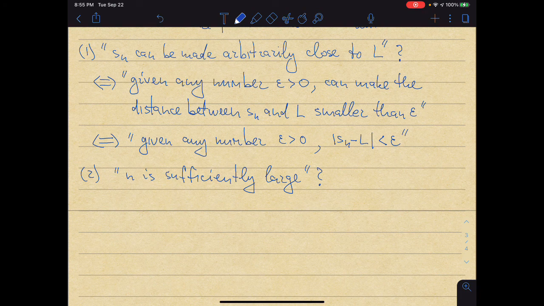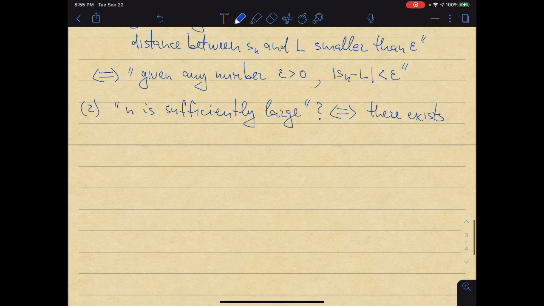So what this means is that there exists some number capital N, some real number capital N, such that if n is bigger than capital N, then something happens.